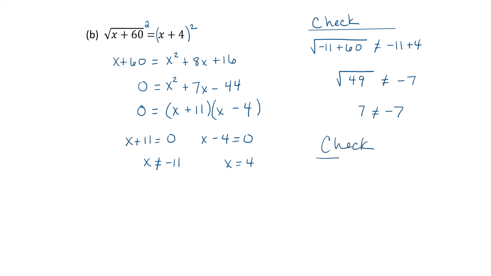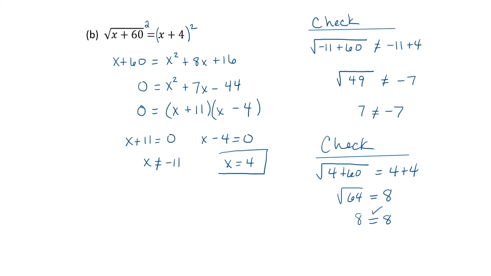Let's check x equals 4. So that would be square root of 4 plus 60 equals 4 plus 4. This is the square root of 64 equals 8. The square root of 64 is 8, and 8 equals 8, so we're good. We have x equals 4 as a single solution to this equation.